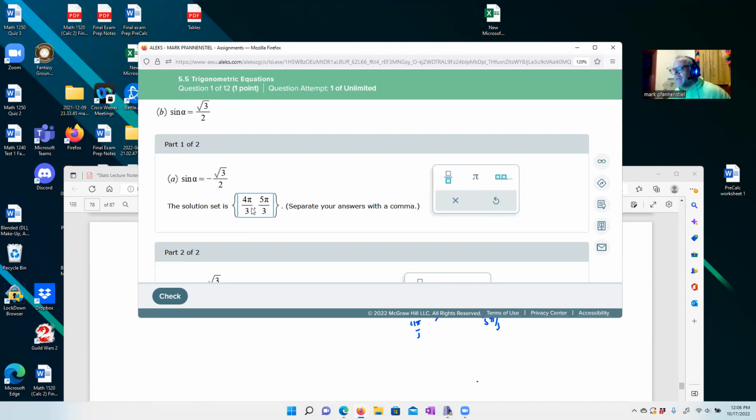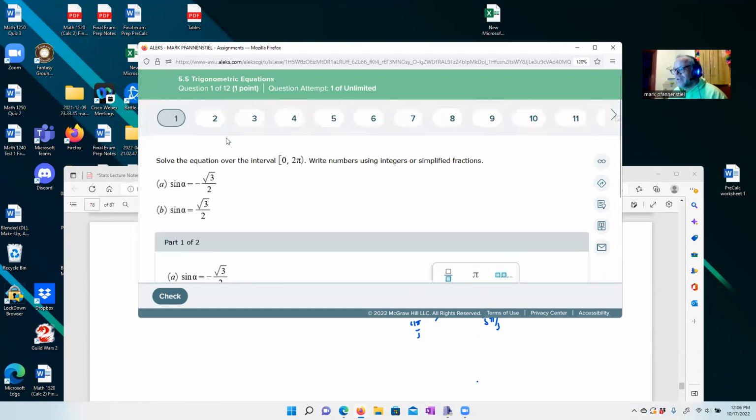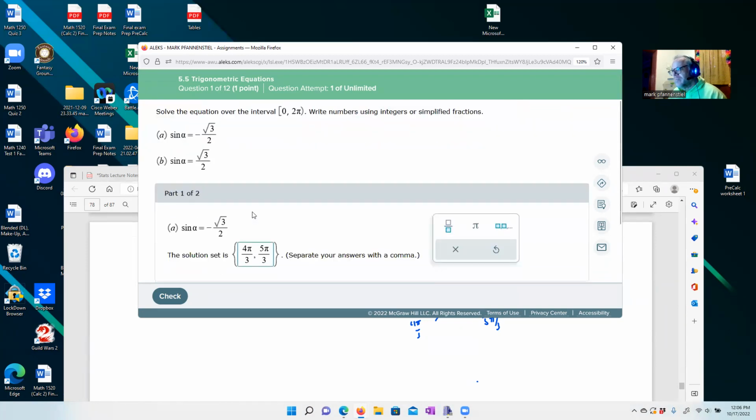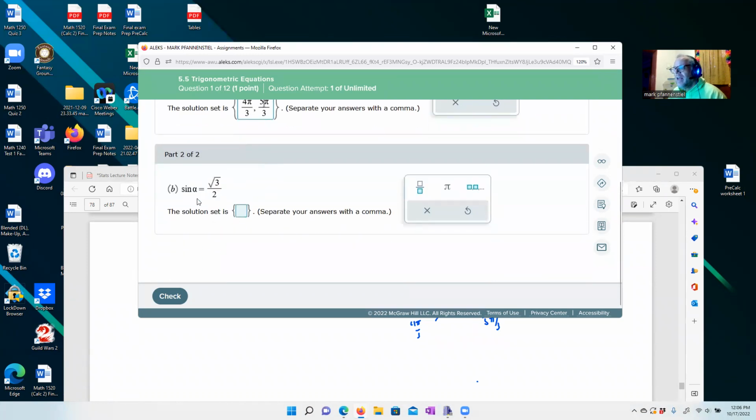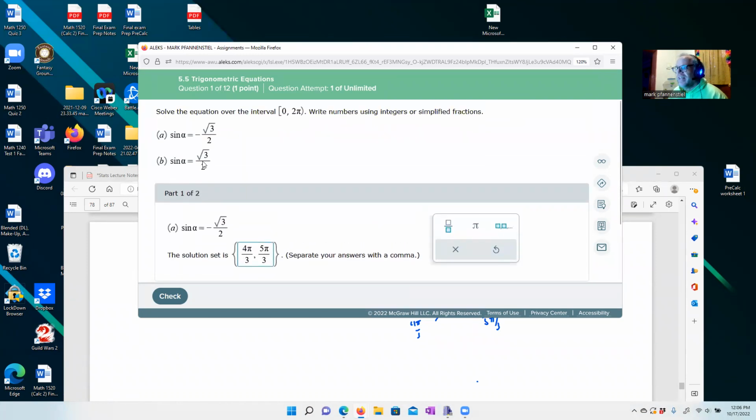So it's really important to pay attention to your signs, as well as your sine signs. In this case, they wanted negative, so we want to pick the quadrants where sine is negative, and then pick the angles whose reference angle is square root of 3 over 2, which is the 60-degree one. So we want this in radians.